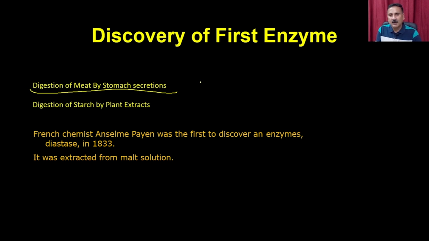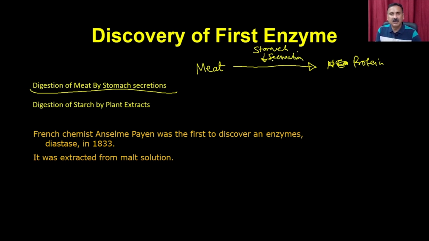So people started looking at identifying the factors responsible for converting the meat into, for example, carbohydrate or protein. They added the meat and then they added stomach secretions. What they found is that if you don't add the secretions, the meat is not converted, but when they add stomach secretions, the meat is converted into protein and it gets digested.